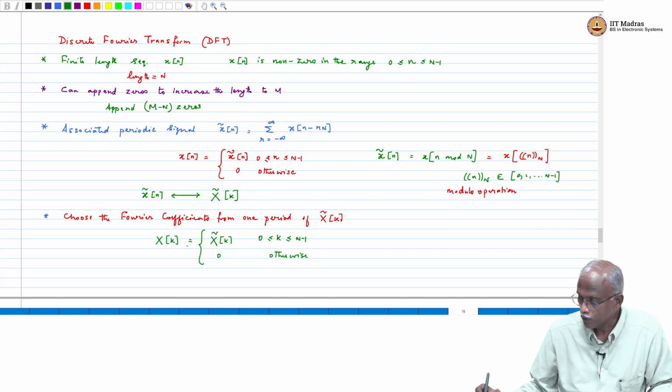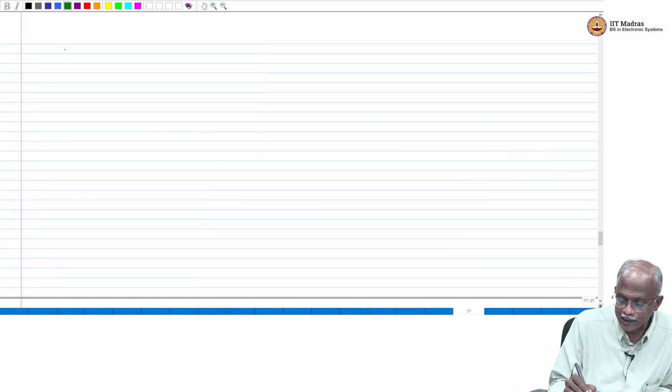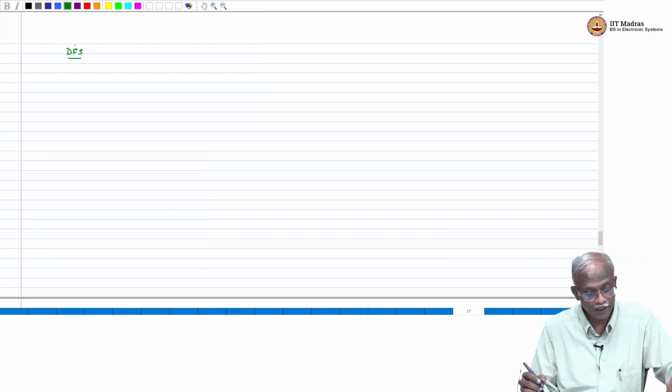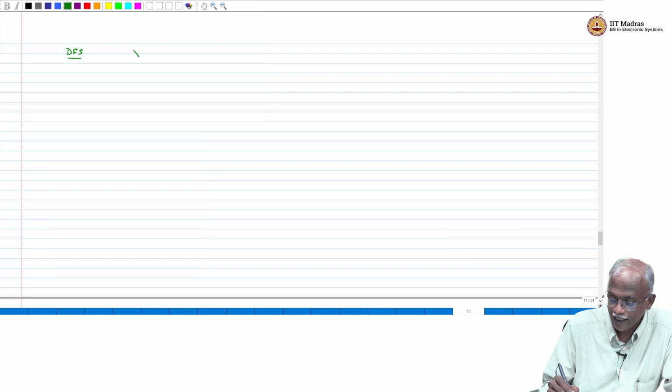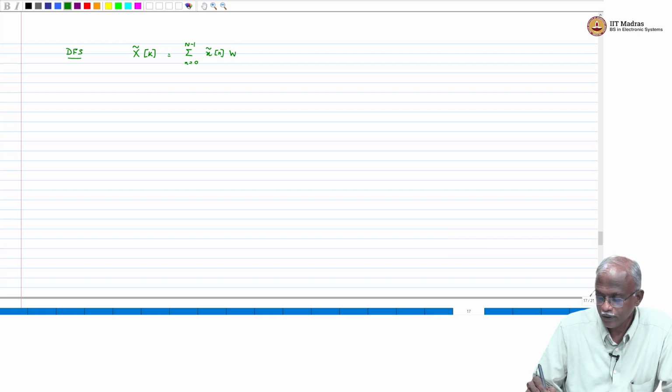Now here is the key result. What is the discrete Fourier series relationship? The synthesis equation, the analysis equation. The analysis equation is x tilde of k given by the summation n equal to 0 through N minus 1 of x tilde of n W_N^{kn}.